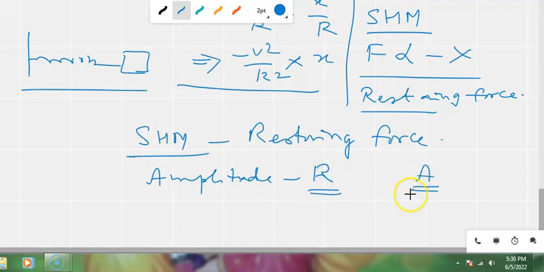In general simple harmonic motion cases there is an amplitude, and then we have angular velocity or angular frequency, which is omega. Because we know that v is equal to r omega, this is the angular frequency.